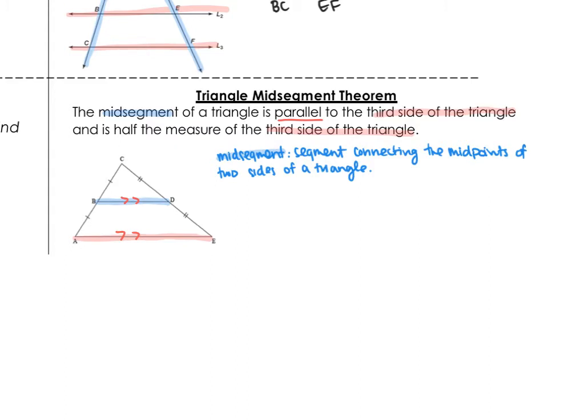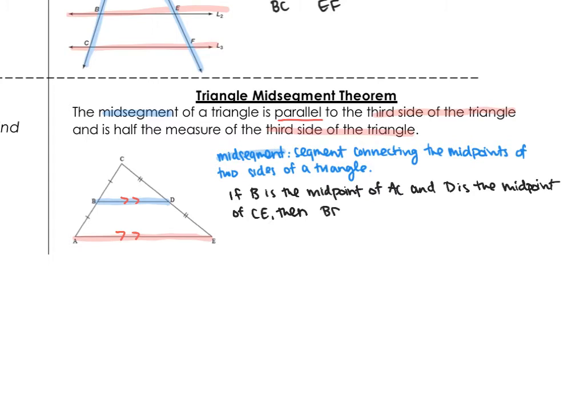And in symbols, kind of breaking this down, it's basically saying if B is the midpoint of AC and D is the midpoint of CE, then we know that BD is the midsegment, and the midsegment theorem basically says that BD, the midsegment, is parallel to AE, and the midsegment, which is BE, is half the measure of the side that it's parallel to.